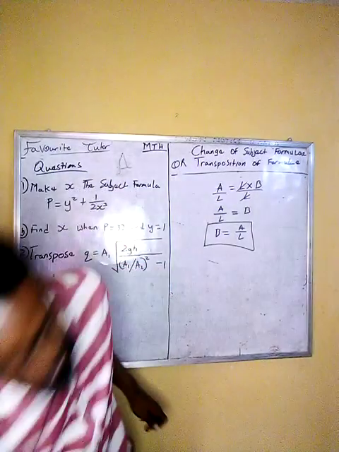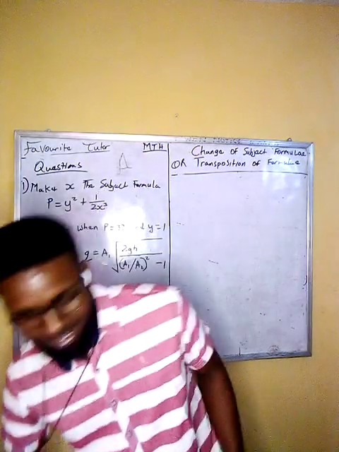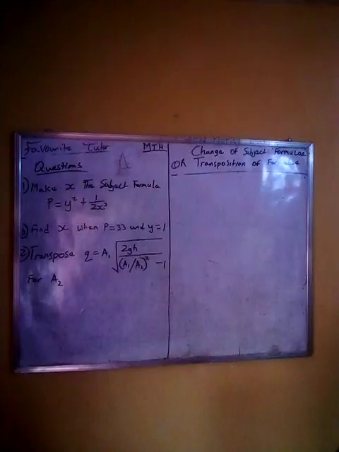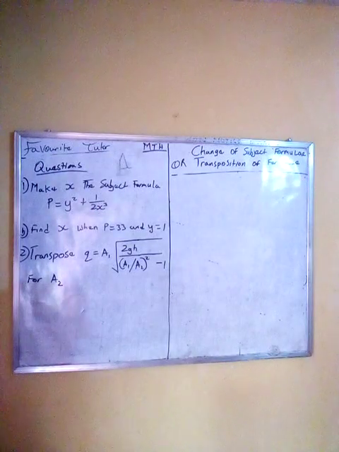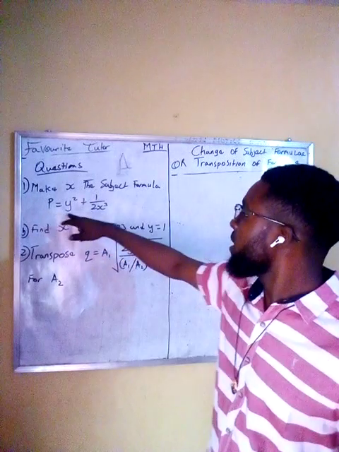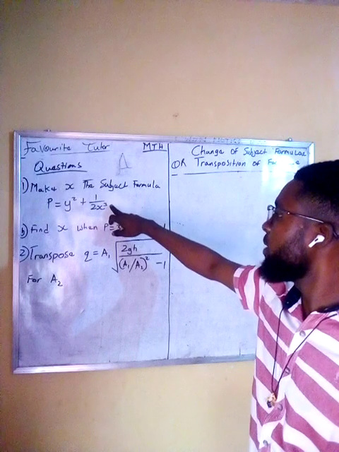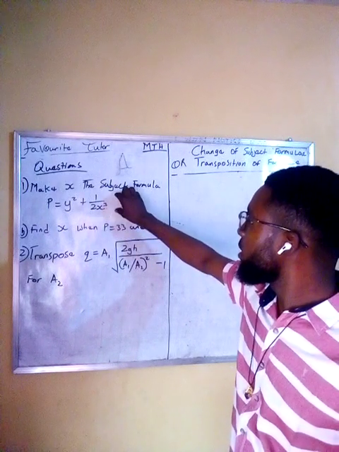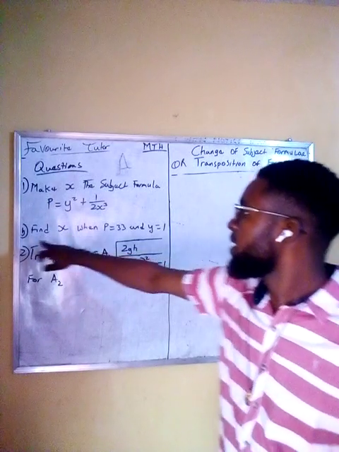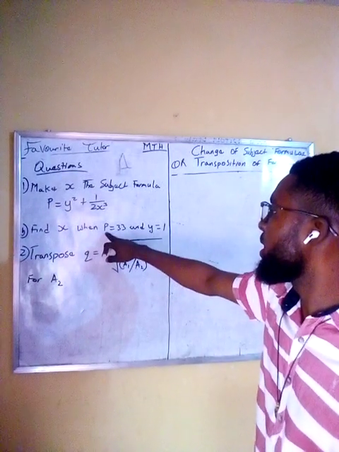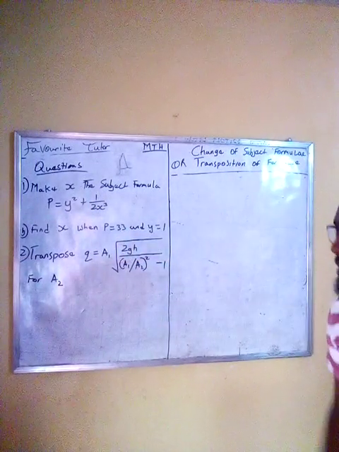You can see that it is very simple. Okay, I have questions on the board. Now let's take the questions. If you look at these questions very well, it says make x the subject formula. P equals y squared plus 1 over 2x raised to the power of 3. Then find x when P is 33 and y is equal to 1.